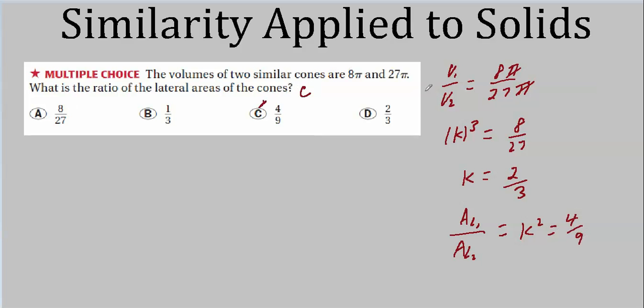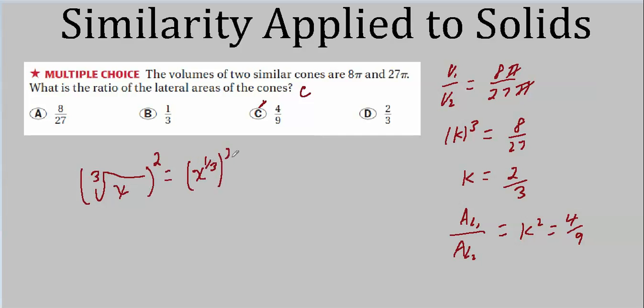What you had to remember was, given the ratio of the volumes, you take the cube root, that'll give you the scale factor, and then you square that. Or, if you're familiar with this notation, depending on what they showed you in Algebra 1, if you take something like the cube root of x and square it, well, you can rewrite the cube root of x as x to the 1/3.